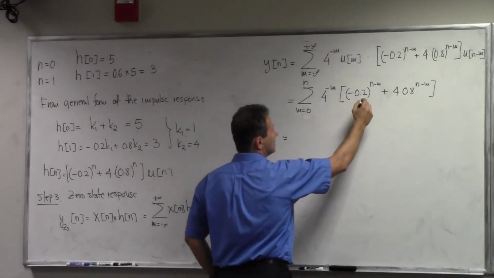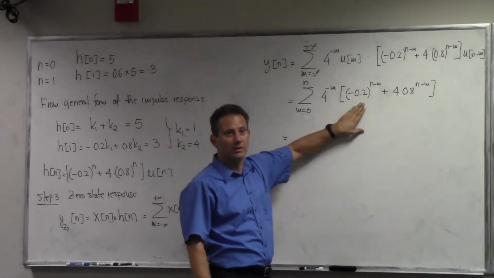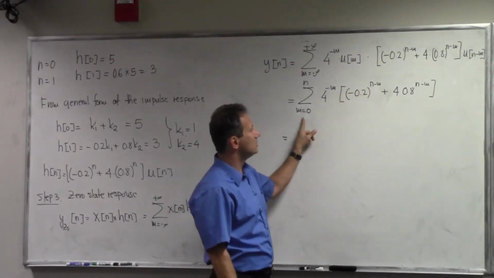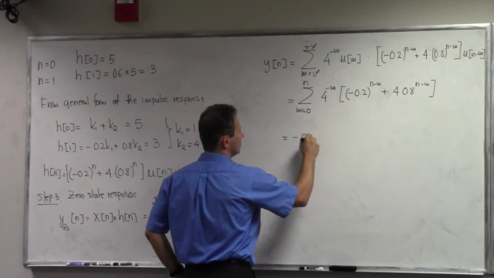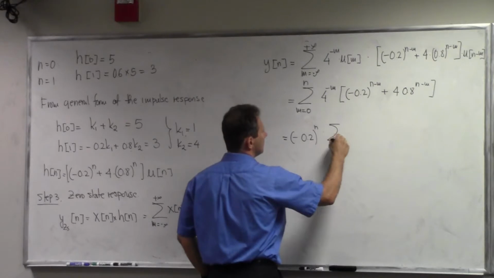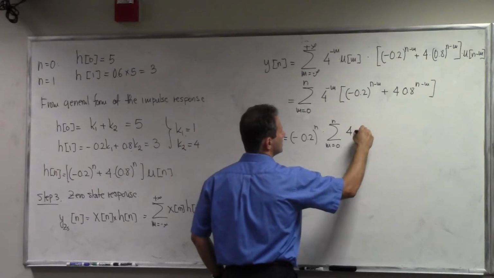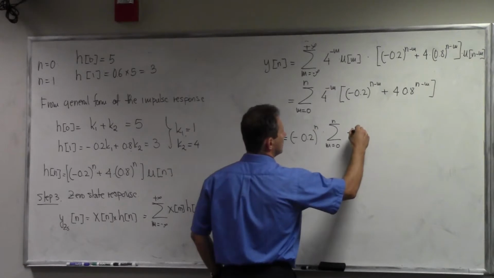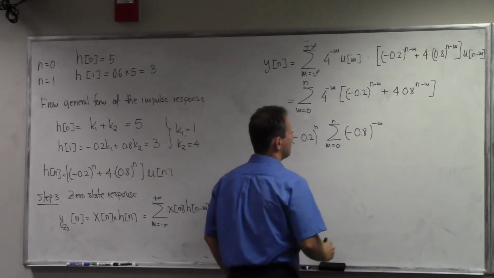First thing you realize is that this is minus 0.2 to the n divided by minus 0.2 to the m, right? So the to the n does not depend on this m, and it can be taken outside of the summation. So this first one becomes minus 0.2 to the power of n times the sum, when m goes from 0 to n, of 4 times, let me say something like this, minus 0.8 to the power of minus m.